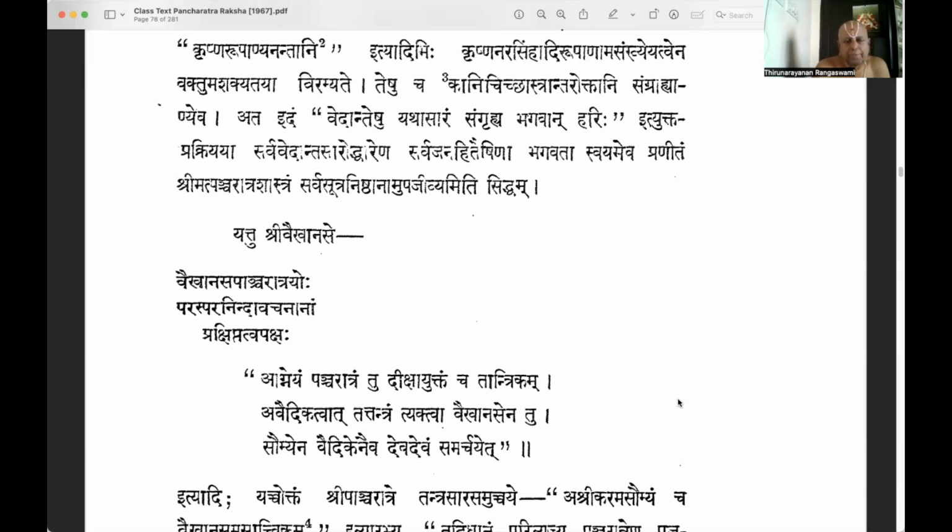Ataha, therefore, idam, this, Vedanteshu yathasaram, sangrihya Bhagavan Harihi, ityukta prakriyaya. So Bhagavan Harihi, Lord Vishnu, sangrihya, made an abridgment, yathasaram, according to the essence, in Pancaratra Shastram, Vedanteshu, culled from the Upanishads.